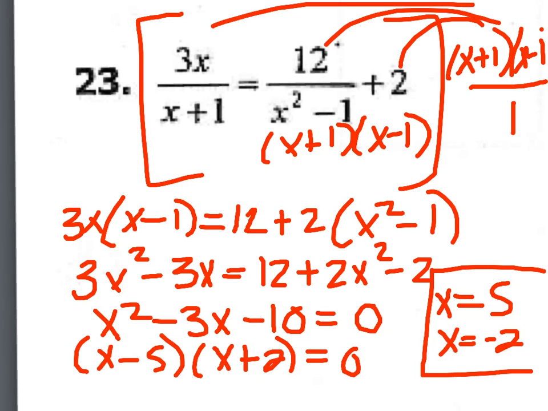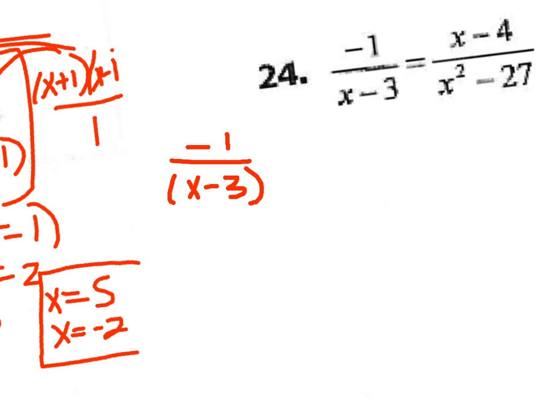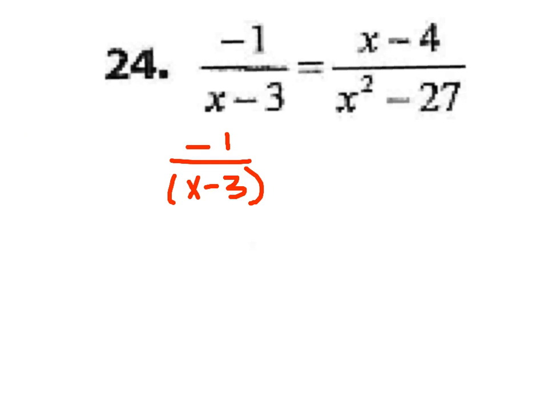24 can be a little bit tricky, and I don't know why I'm rewriting it there. Let's undo that. Hang on. There we go. I'm going to start by cross multiplying here.